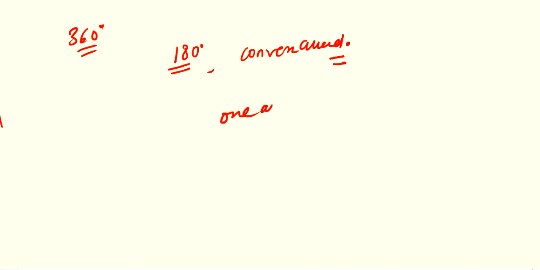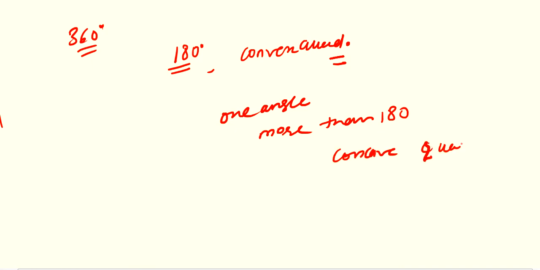And if each angle of a quadrilateral is less than 180, then it is called a convex quadrilateral. If at least one angle of the quadrilateral, one angle only, is more than 180, then it is a concave quadrilateral.